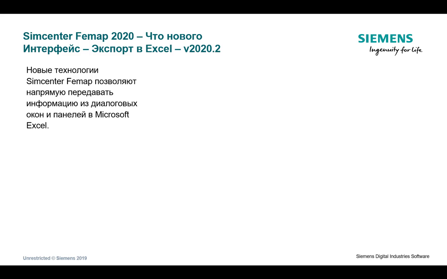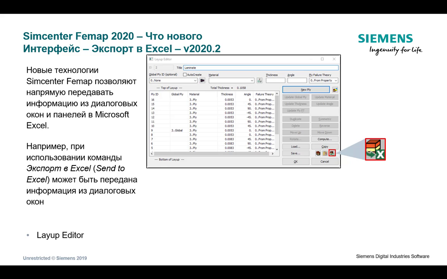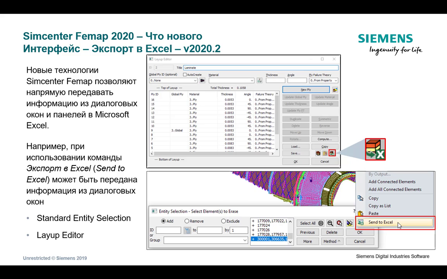Something else new for version 2020.2 is new technology which offers the ability to transfer data from dialog boxes and panes directly to Microsoft Excel. Some examples of dialog boxes which have send to Excel commands or icons to transfer data are the layup editor, as well as the standard entity selection dialog box on the Pick menu.